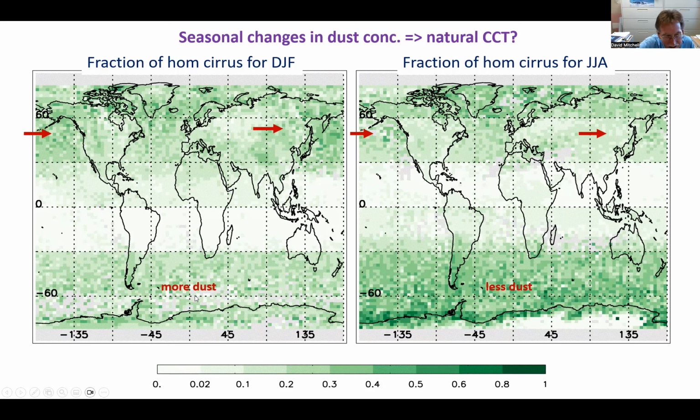And same with the southern hemisphere, there's at least a doubling of dust aerosol optical depth, probably more than that, between seasons. So when there's less dust, you have more hom cirrus in the Southern Ocean region, and a lot less hom cirrus in the Southern Ocean when you have more dust.